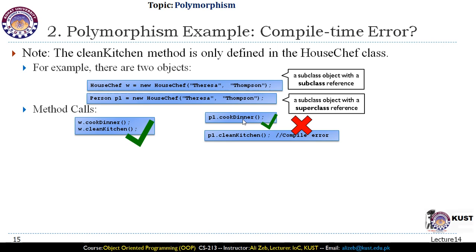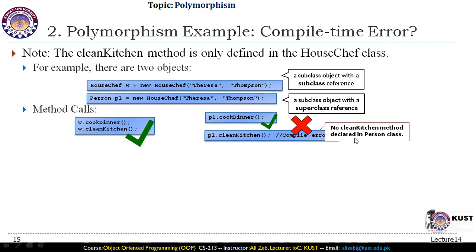But in this fourth case, we are using a method that is exclusively defined in the subclass. The superclass cannot have access to this subclass method that is not there in the superclass. We cannot do this in Java, and if we try, we will get a compile error telling us that no cleanKitchen method is declared in the Person class.